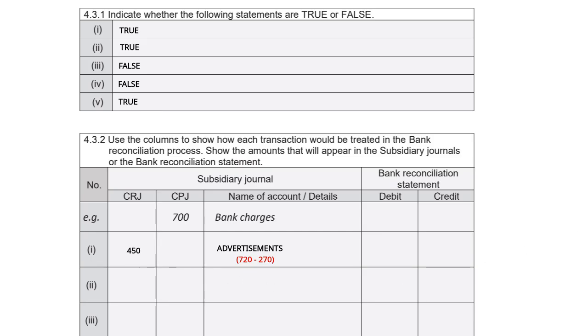And we're going to use our CRJ to rectify it. You always use the opposite journal to fix the mistake. We paid too much, so we need to receive some of the money back. So we go fix it in our CRJ, and the difference is 450.